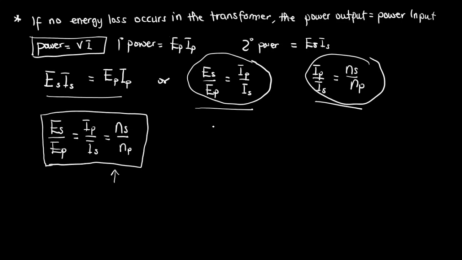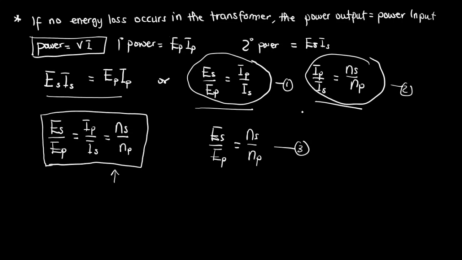So if I want to write this in another way, I can write ES over EP is equal to NS over what? NP. Because they have this in common, it means this is also equal to this. So basically this is equation 1, this is equation 2. From equation 1 and equation 2 you can get this as equation 3. Don't confuse the positions.